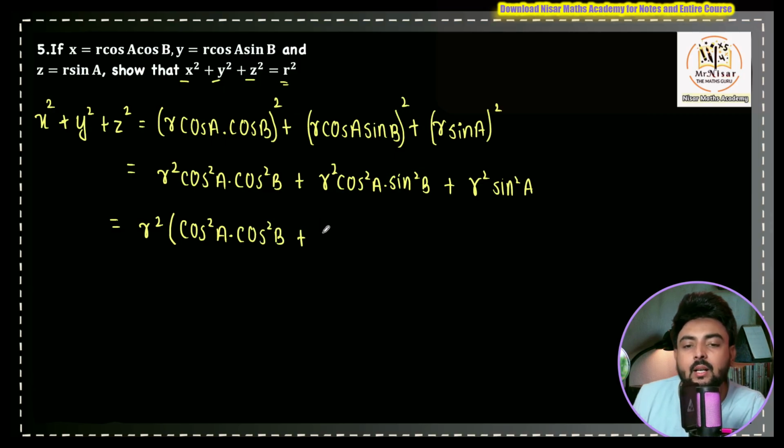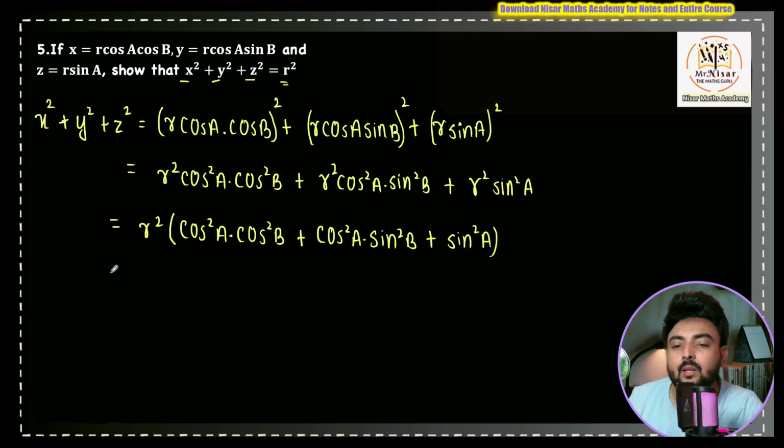From the second, having taken r square common, it will be cos square a into sin square b, then plus sin square a. Then I want only r square on this side, so somehow all this is going to become 1. We need to check how it will become 1.